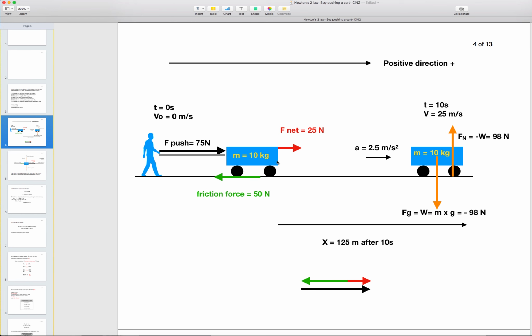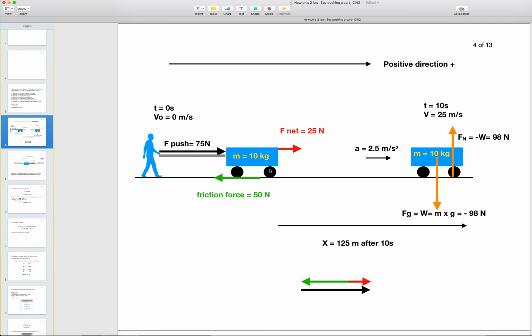To represent the displacement, you have to start from one point on that object to the same point of that object in the second position. So if you start from the beginning of the wagon here, you have to go all the way to the beginning of the wagon, and that will be 125 meters.